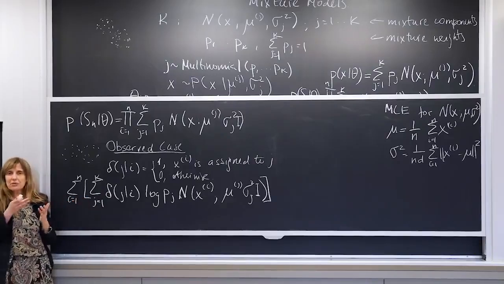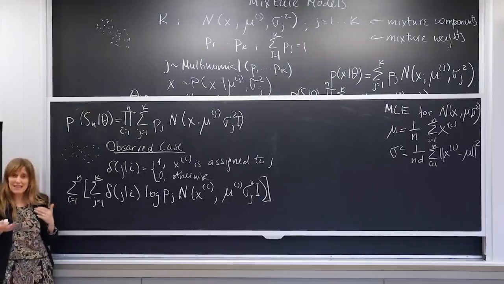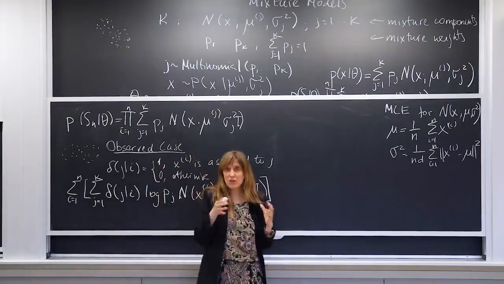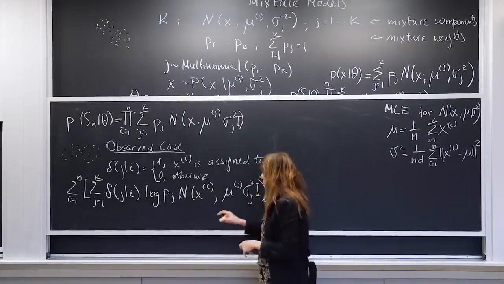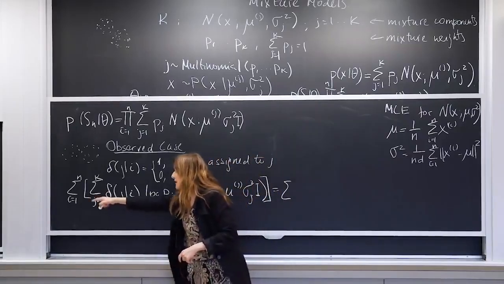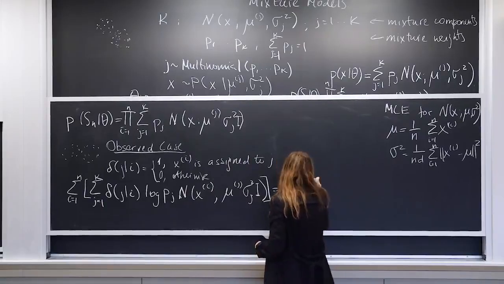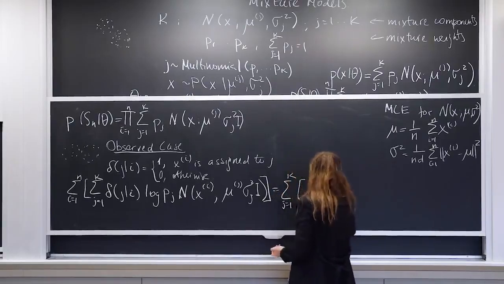Instead of cycling through all the points and through the clusters, I will do this computation independently for each individual cluster. So I am going to rewrite this expression, putting the internal sum on the outside, j from 1 to k, and then going from 1 to n, and this whole expression.